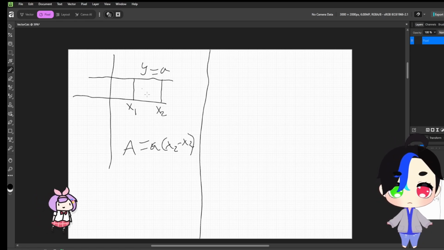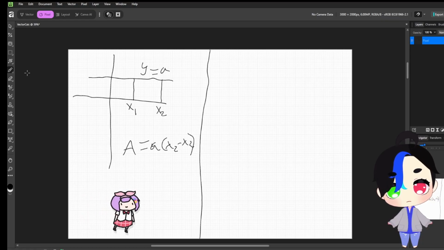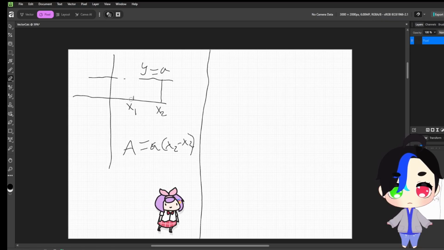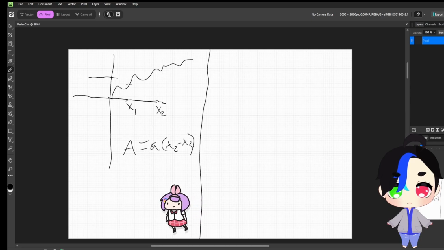And if you wanted to find, say, the area of a more complicated function, what you could do to make an approximation is, let's say I have this weird function again. What you could do is take small rectangles.